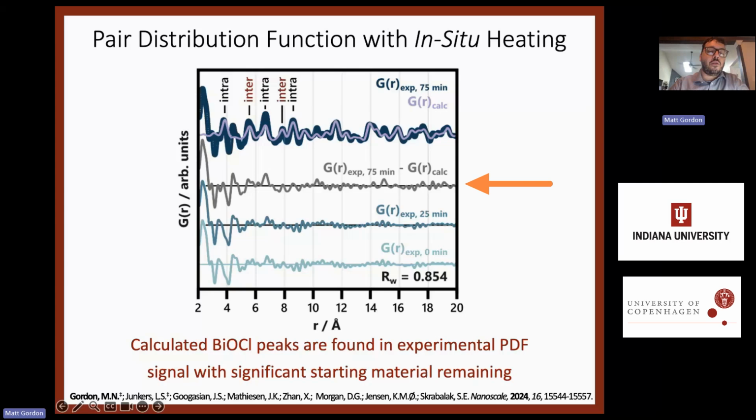And you'll then notice that the calculated difference curve very much matches our starting material before we had any heating applied. And so this shows that at the end of our heating experiment, we had bismuth oxychloride peaks, along with a significant amount of unreacted starting material remaining.